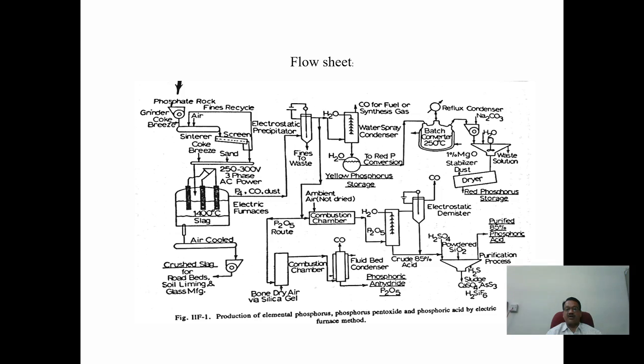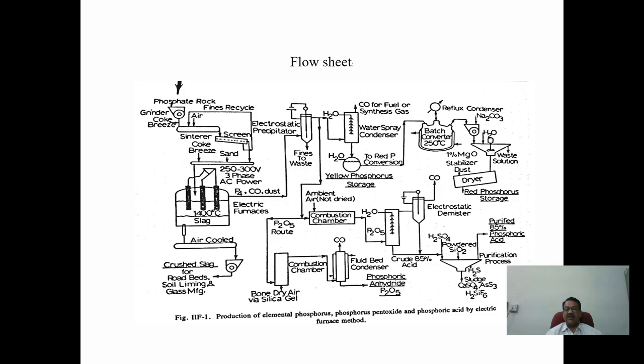This phosphorus pentoxide is then absorbed in water, which gives crude phosphoric acid. The unabsorbed gases from the top of the absorber are sent to an electrostatic precipitator to separate carbon monoxide from the entrained solids or the vapors of phosphorus pentoxide.